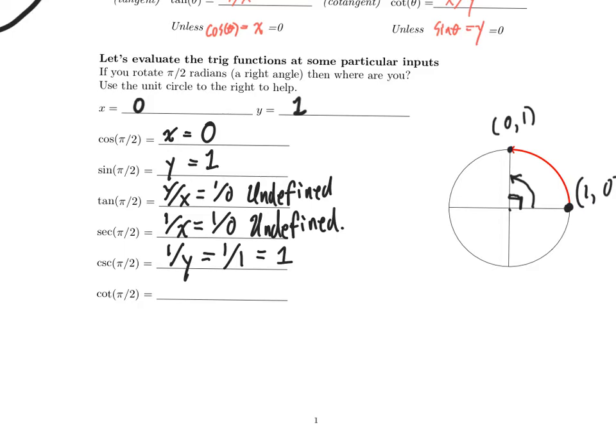Cotangent is x over y. That's just 0. So there, we can completely compute all of the trig functions, at least when the input is pi over 2. That's not nothing. That means that, if you want to graph these things, you at least know what y-coordinate should correspond to an x-coordinate of pi over 2.